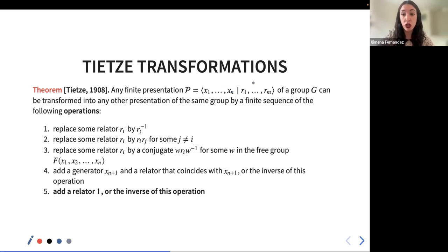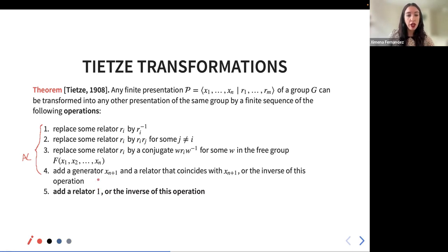For instance, if you have a presentation of the trivial group, you can transform it into the empty presentation by a finite sequence of the following operations. You can see that these operations are basically the same as the operations proposed by Andrews and Curtis, plus operation number 5 that allows you to add a new relator equal to 1 or delete a relator equal to 1. Notice that operation number 5 changes the deficiency of the group.